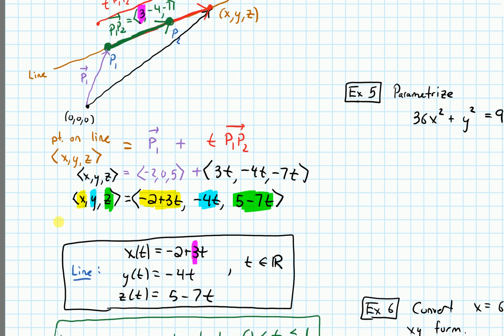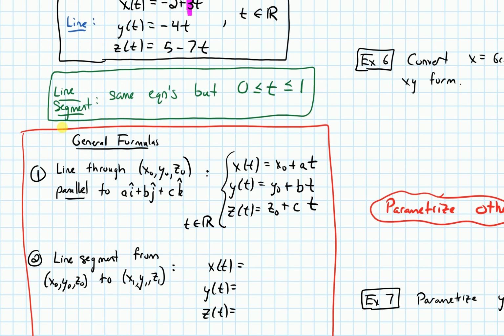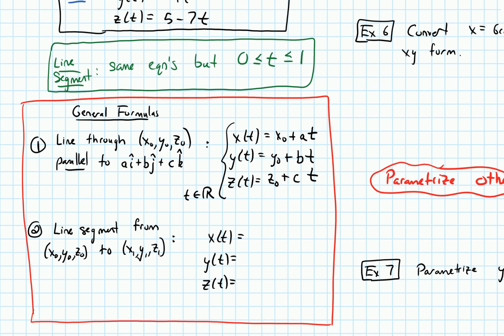Okay, cool. So we have that general formula for the line. Now let's do a line segment. What if we want a line segment that goes from the point x0, y0, z0 to the point x1, y1, z1? I'll start it off in the same way. I'll have an x0 plus something, y0 plus something, z0 plus something, and then I'll have something being multiplied by t for each of these.